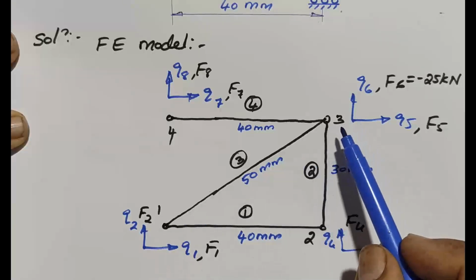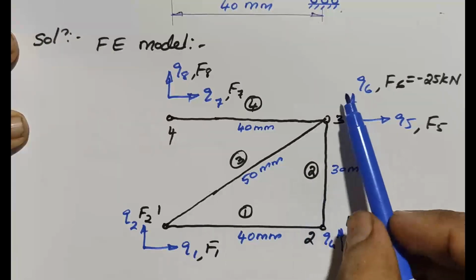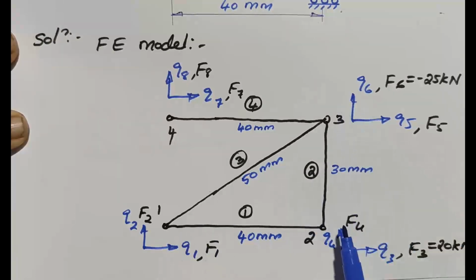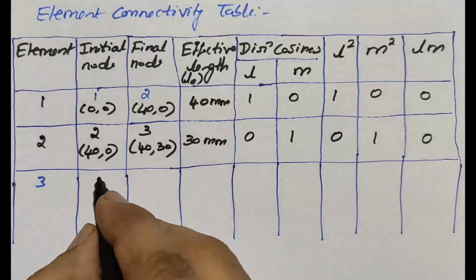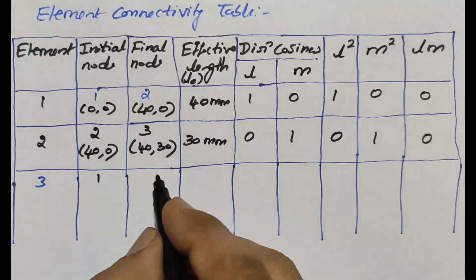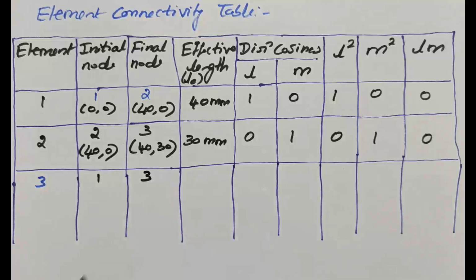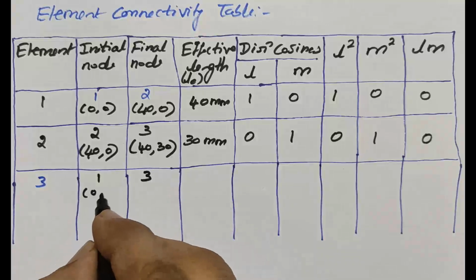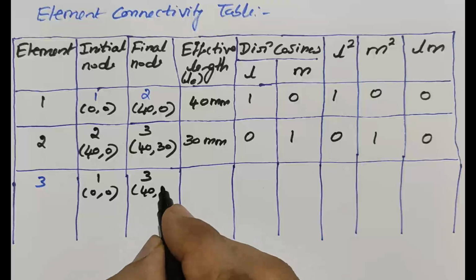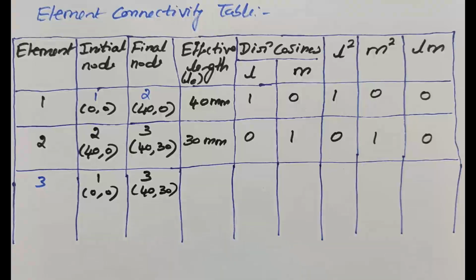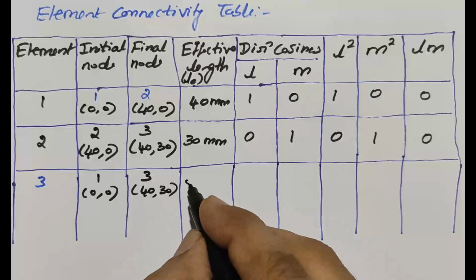Next, the coordinate for node number 3 will be 40, 30, that is 40 is x and 30 is y. So coordinate for 1 is 0, 0, and for 3 it is 40, 30. The length of the element is 50 mm.